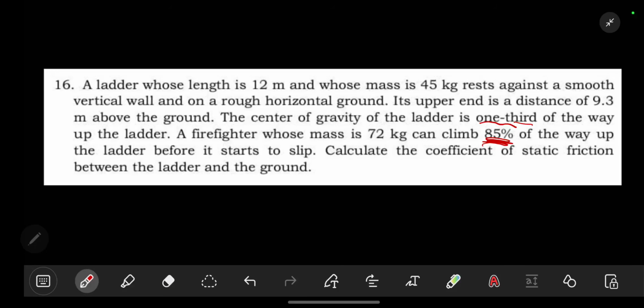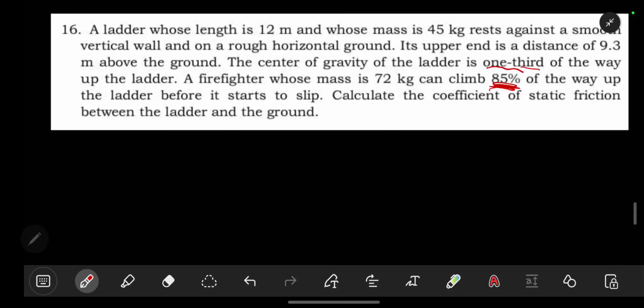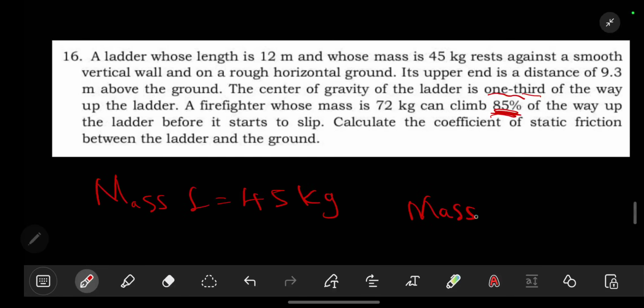So to answer this one, it's a bit involving, but let's get through it. So let's begin with converting our masses to weight, because we are going to be dealing with weight. So the mass of the ladder is equal to 45 kg. Then we also have the mass of the firefighter is equal to 72 kg like that.